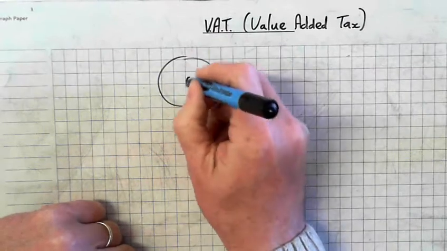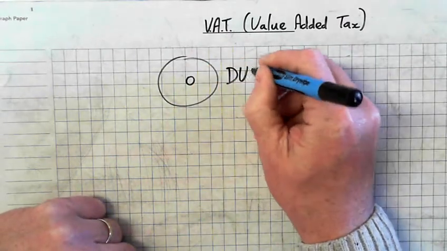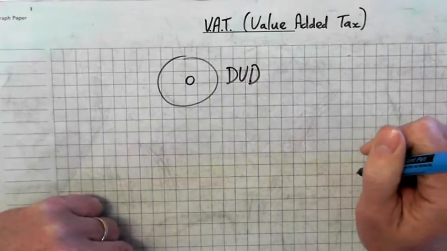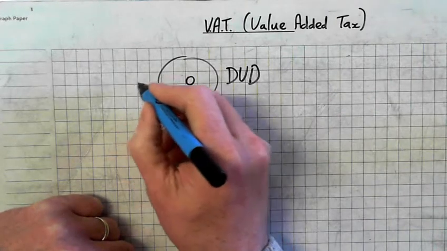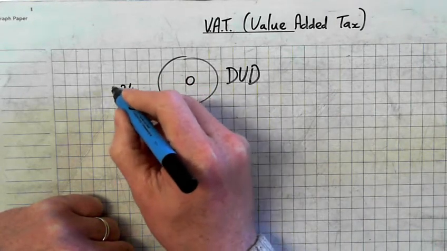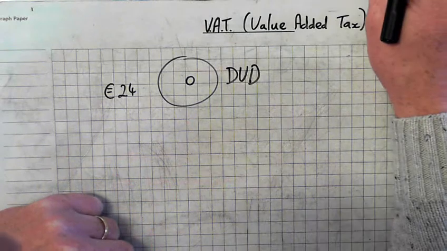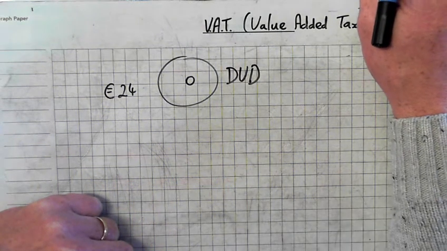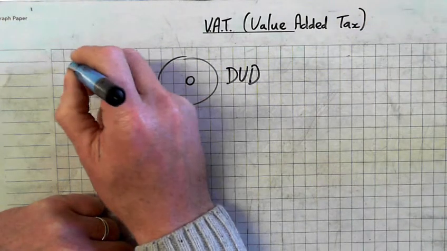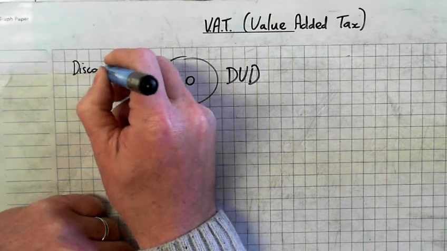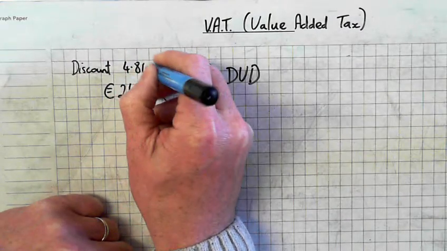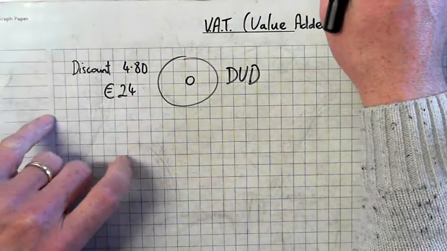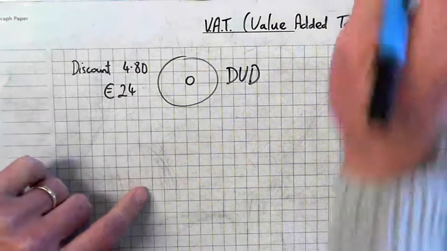So there was a DVD, and so the price was 24, and they offered a discount of $4.80. And express the discount as a percentage.